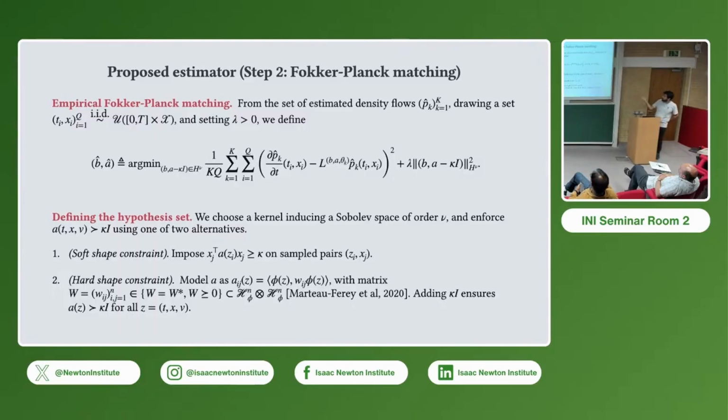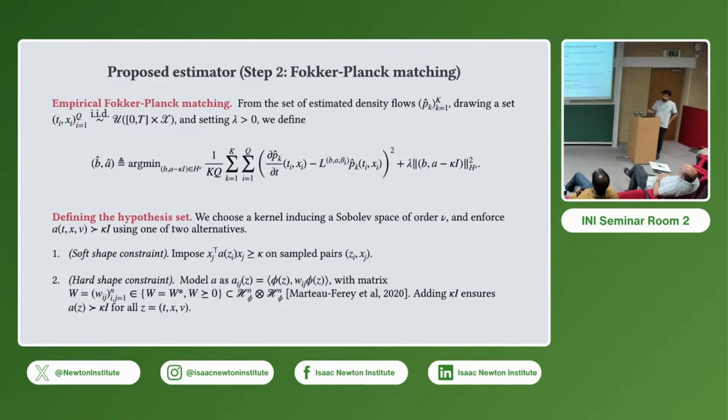There is a technical detail. I assume that the coefficient was Sobolev with order big enough such that the Sobolev space is a reproducing kernel Hilbert space, so I can use kernels. But also here I need to fit a coefficient A, which is positive definite and greater than kappa identity. To enforce it, I propose 2 ways.